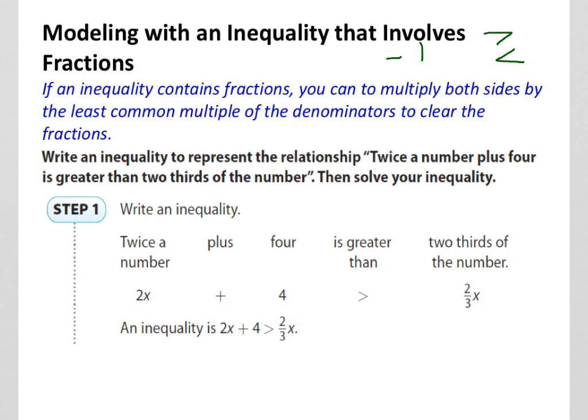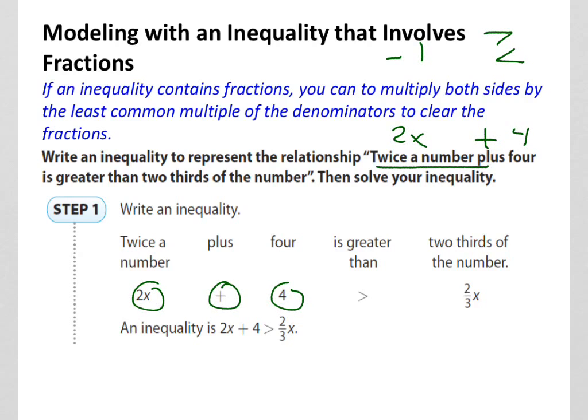Well, write an inequality to represent the relationship: twice a number plus 4 is greater than 2/3 of the number. So twice a number is 2x. We could use that for saying 2x plus 4. The author's telling us here twice a number, 2x plus 4.